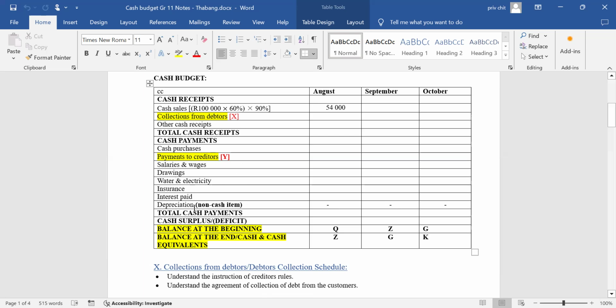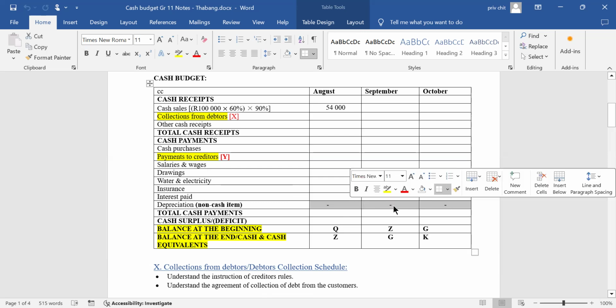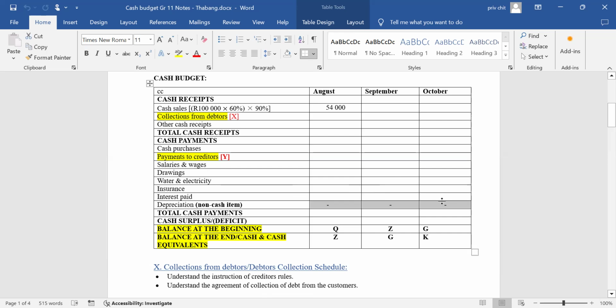Very important to note, depreciation is a non-cash item. So even if they give you the amount for depreciation, you don't reflect the actual amount for depreciation in the cash budget. Does it make sense? Yes, it does make sense. Awesome.